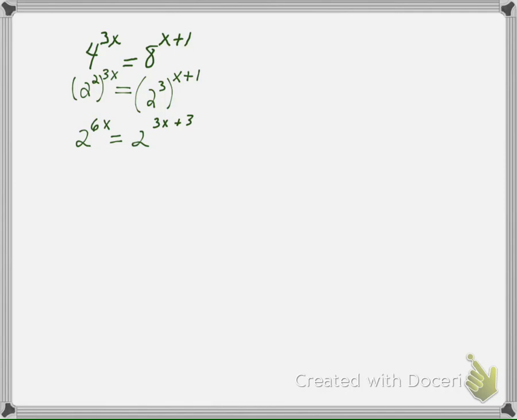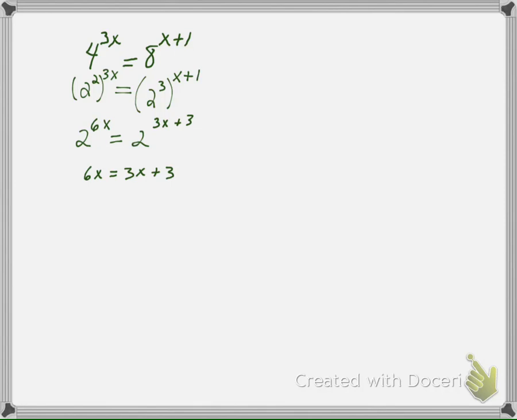All right, so now we have two sides of the equal sign. The bases are exactly the same. They're both 2's. So now we can say, well, then the exponents have to be the same. Does this make sense why we can jump to this next line? 6x is equal to 3x plus 3.